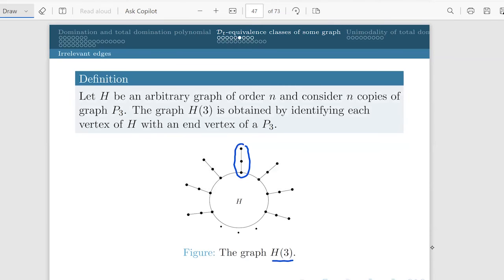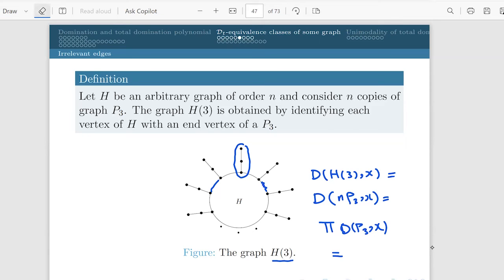And by previous theorems, we could prove that these edges are irrelevant edges, so we can conclude that the domination polynomial of this graph H3 and x is equal to the domination polynomial of nP3 and x, when we remove these edges from H. So these two polynomials are the same, and we know that this is the product of the domination polynomial of P3, and this is equal to the domination polynomial of P3 to the n.